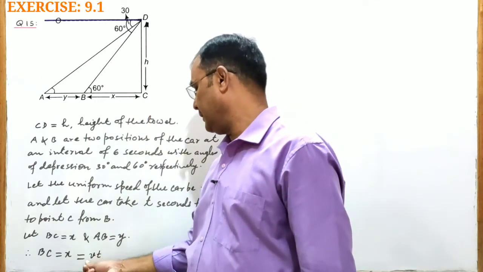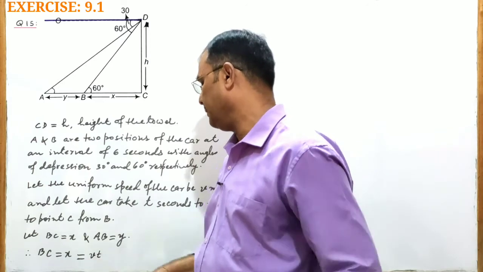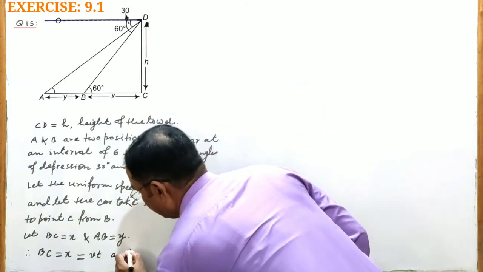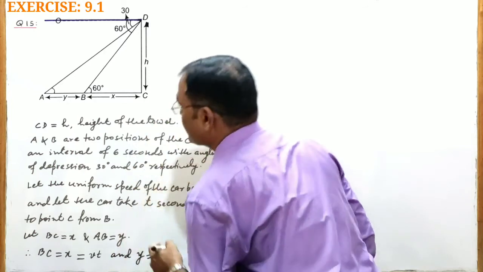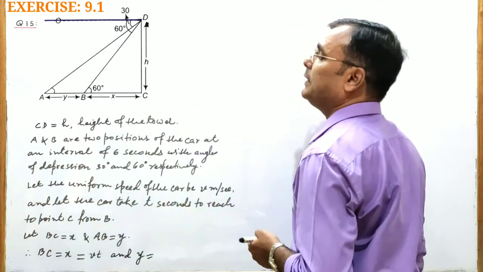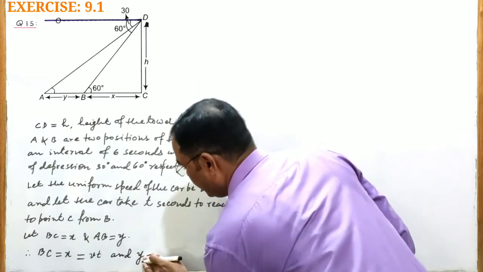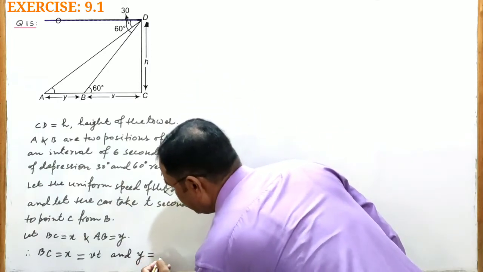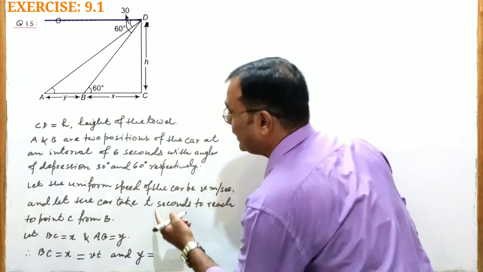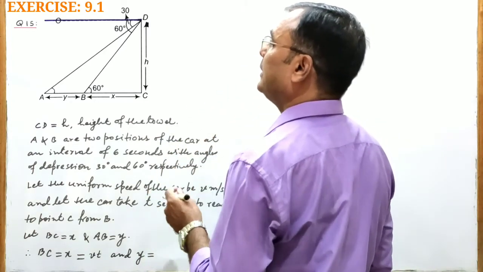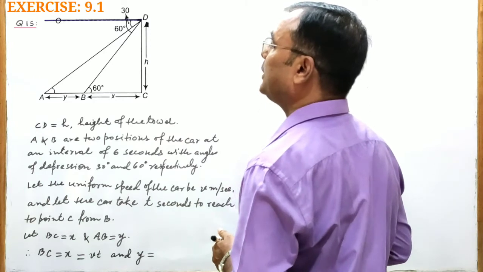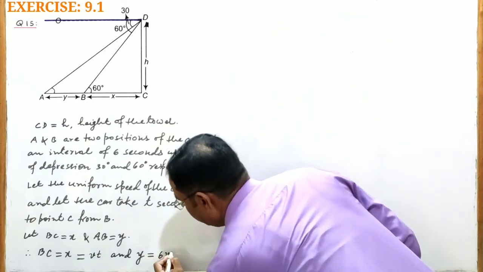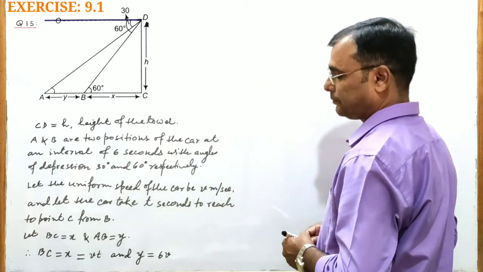So x is Vt, and y is distance AB, that will be equal to again speed into time. Uniform speed of the car is V, and 6 seconds is taken by the car to travel from A to B. So it will be 6 into V, 6V.